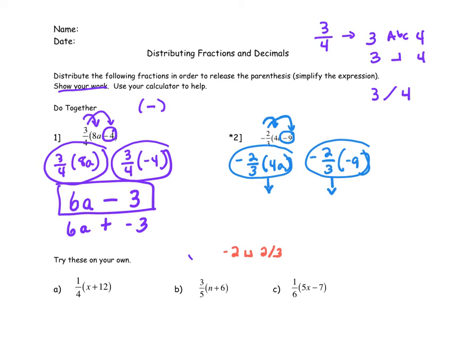What this means is this U right here is talking about whole units. It's saying that this is a whole number or a whole unit. So since the calculator can't show us another way to say a mixed number, it puts that U to say that's the big number of our mixed number, and then the second part after the U is a fraction. So this should be -2 2/3 and then a.